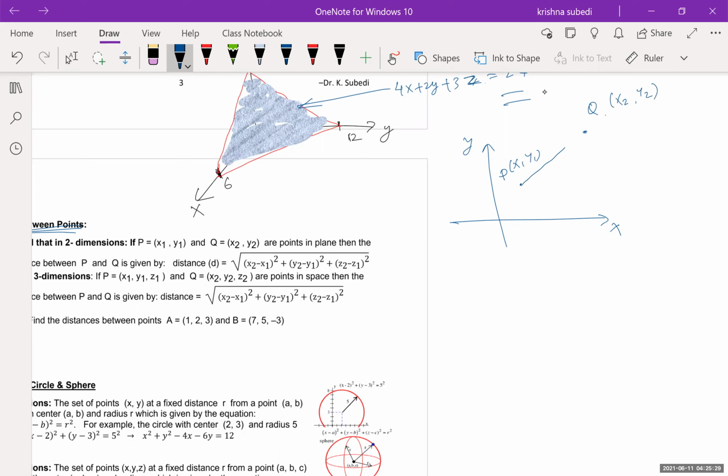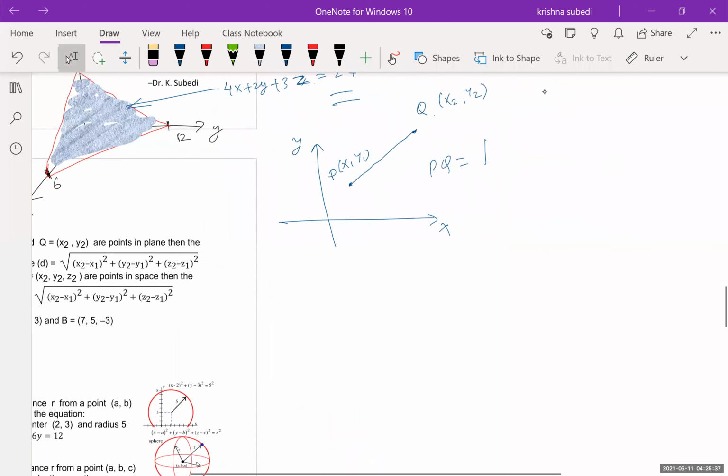So if you want to find the distance between these 2 points, P and Q, the distance will be the square root of (x2 minus x1) squared plus (y2 minus y1) squared. Do you still remember that formula?